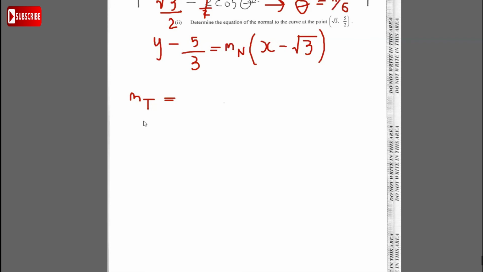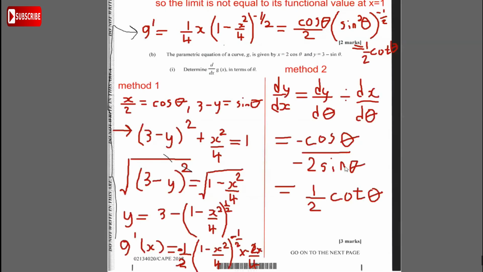So we're finding the gradient of the tangent when theta is pi by 6. Just want to let them know right there. So the gradient of the tangent is going to be, you plug in theta as pi by 6. In here, you're going to get the cos of pi by 6 divided by 2 times the sine of pi by 6.